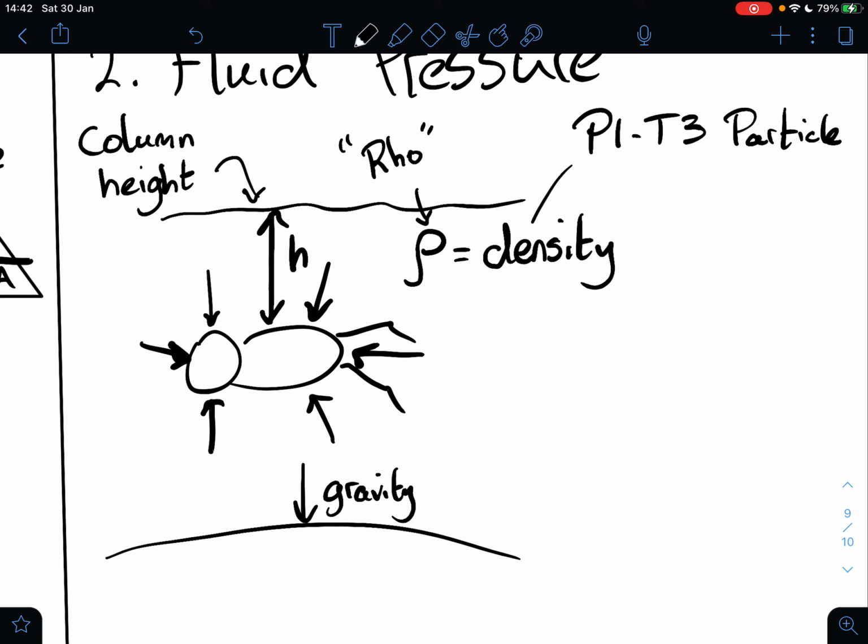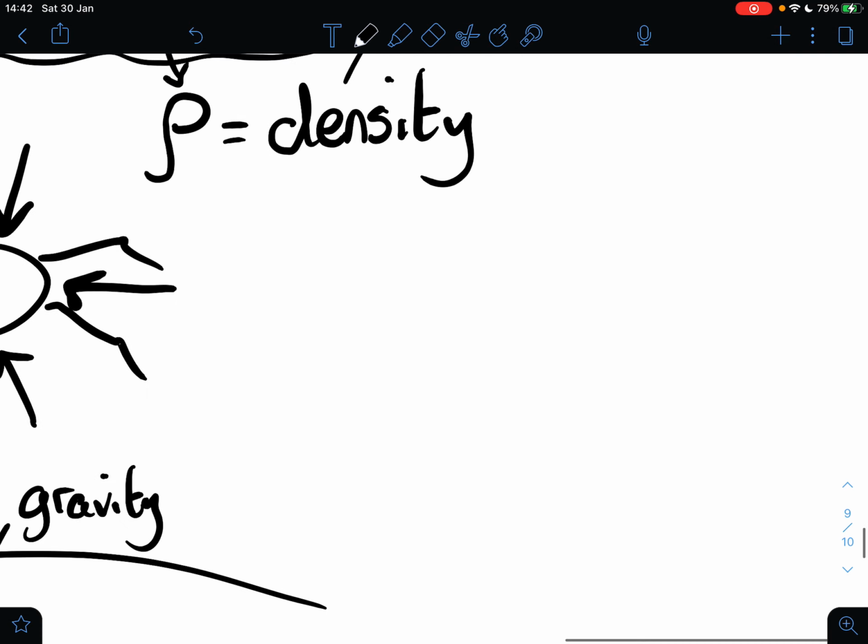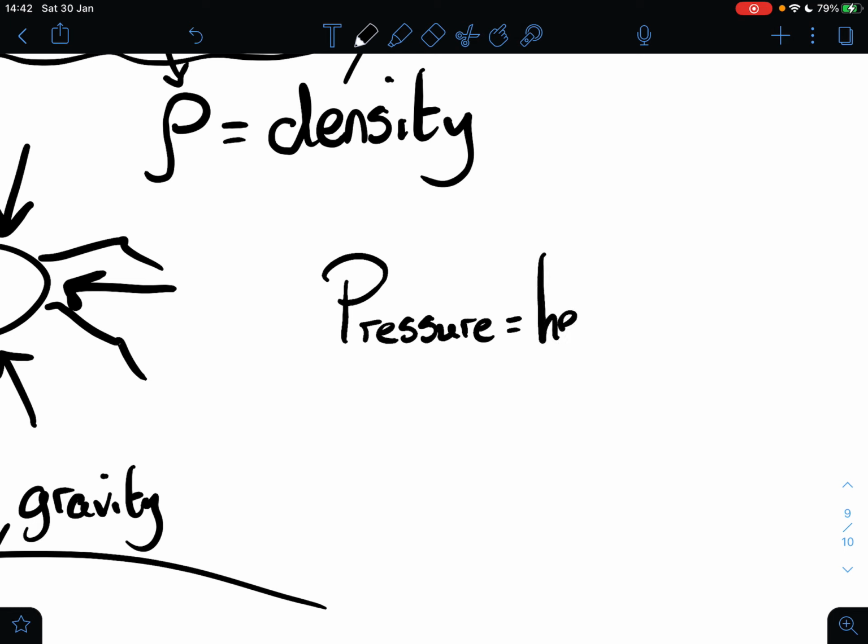So putting all of this together, we can actually calculate the pressure acting on somebody. We just times everything together. So we take the height in meters. We take the density.